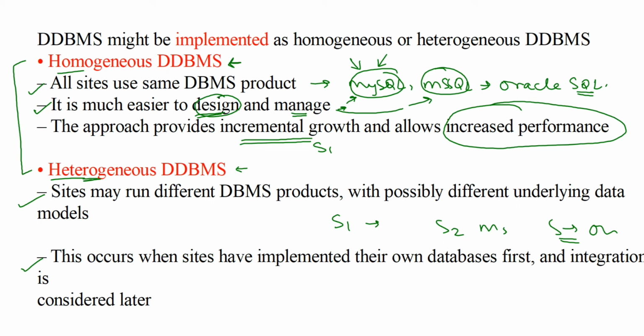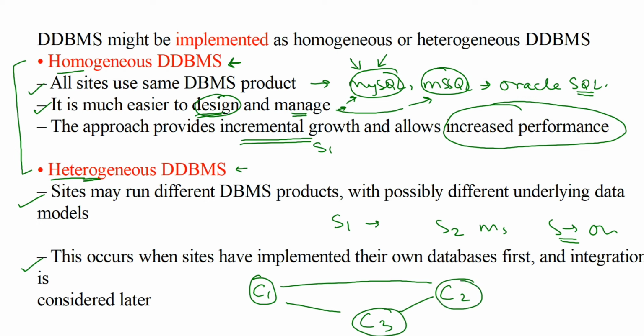For example, multiple companies had their own individual systems: C1 has its own database, C2 has its own database, C3 has its own database, and later they merged and wanted to combine their databases. Then we will have issues in designing, but it can be achieved, and it will come in the category of heterogeneous distributed database management systems, because they will obviously have different underlying database products.